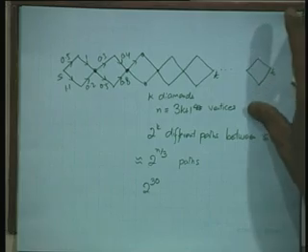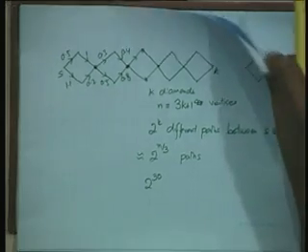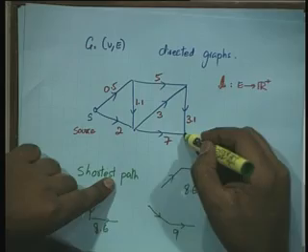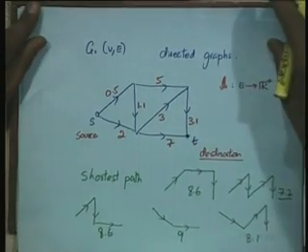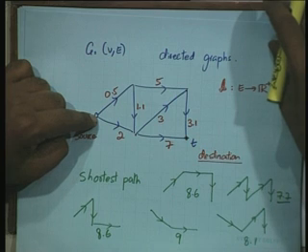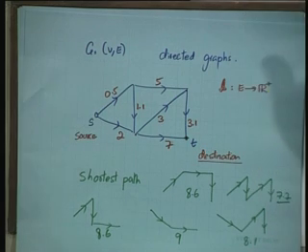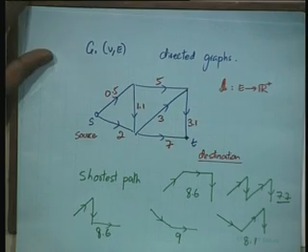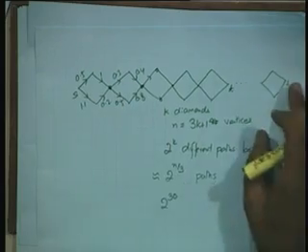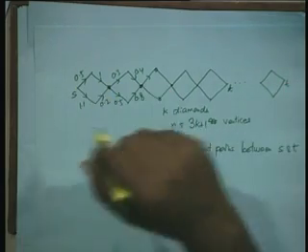Now, this works in this example, not true always. I have to get to this vertex, and I am starting from here. But I do not know which is the first vertex I should get to from here. There is no such clear demarcation, as in saying that if I have to go from here to here, I have to clearly go from this vertex to this vertex.